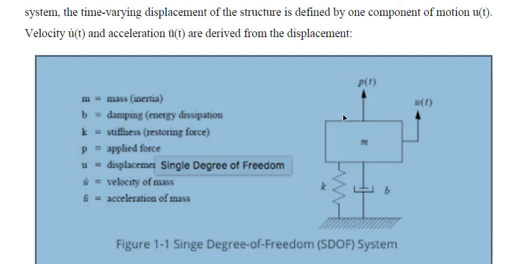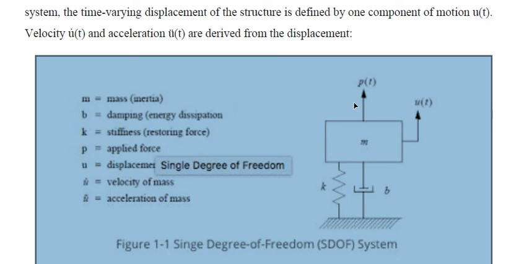So the mass will have motion in the opposite direction again. This force will pull and these forces will pull back. There will be continuous oscillatory motion, that is vibration.